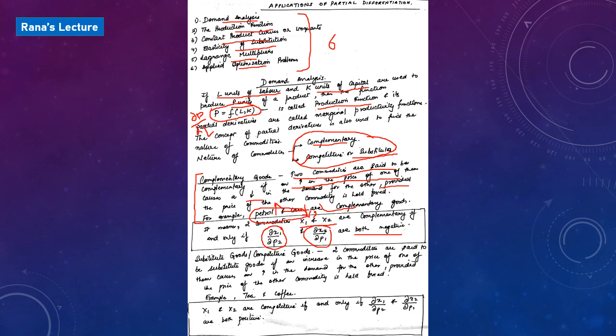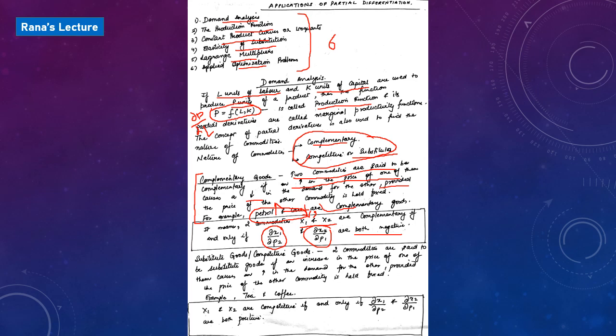And what does this mean? What will be the effect? What will be the percentage change in quantity demanded of X2, that is car, due to change in price of the petrol, right? It should be both negative, right?